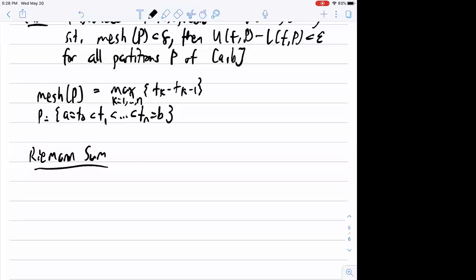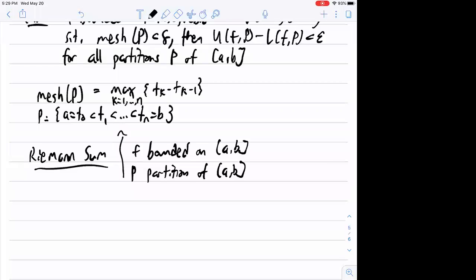And it's something similar. So F bounded on AB, and P is a partition of AB. Again, by convention, I'm using this notation for the partition.